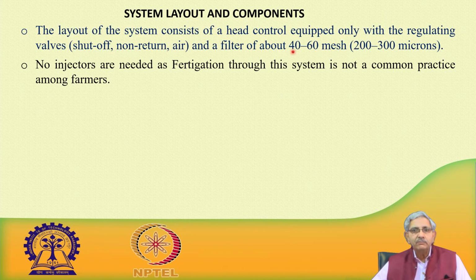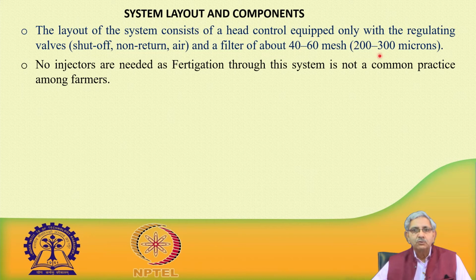Only the filter size may differ, and that will also depend upon the quality of water. So, these valves mean water regulating valves, that is a non-return valve, a shut off valve, as well as a filter.